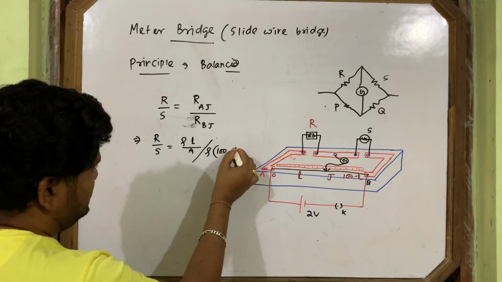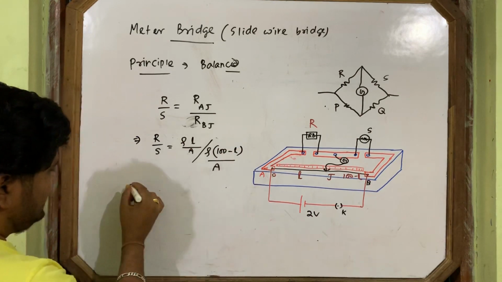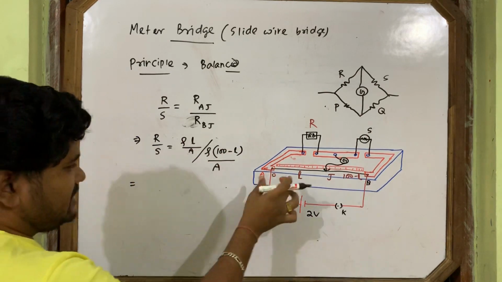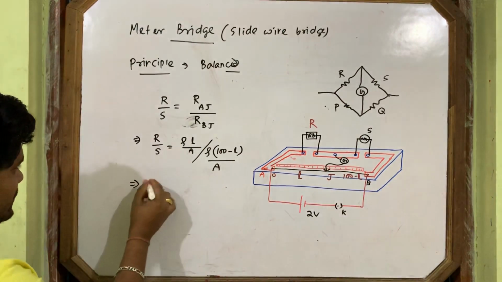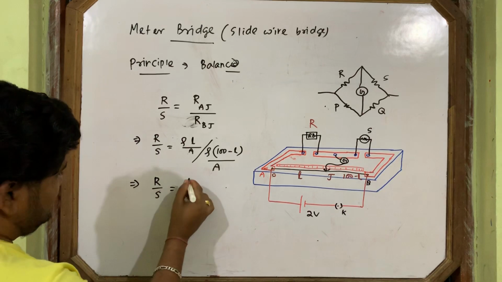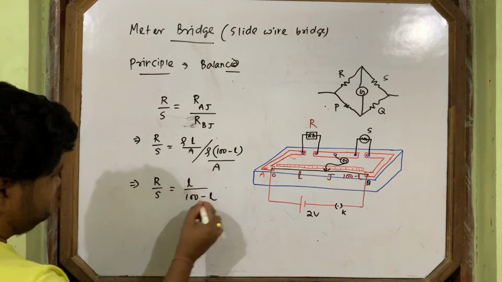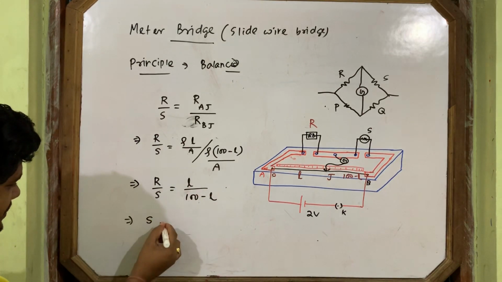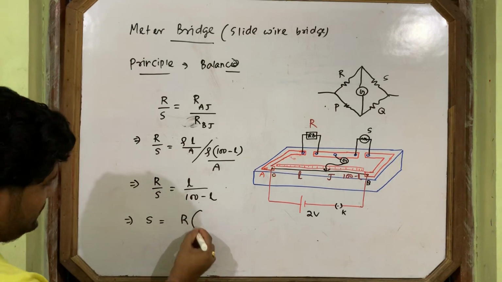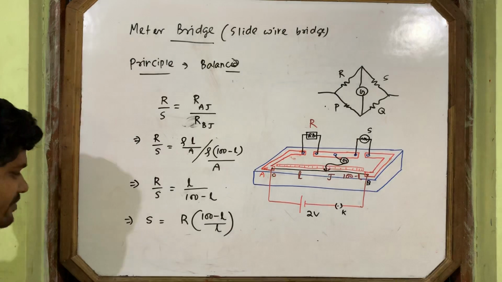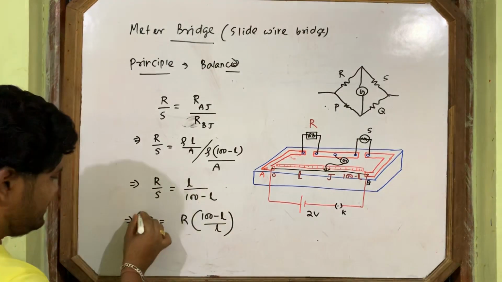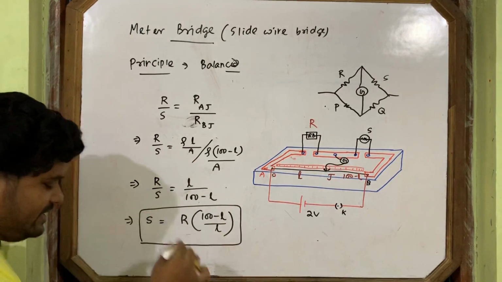Rho (100 minus L) by A. So rho and A cancel because it is the same wire, same rho, same area of cross-section. So R by S equals L by (100 minus L). So now you need S: S equals R into (100 minus L) by L. This is the working formula for the meter bridge.